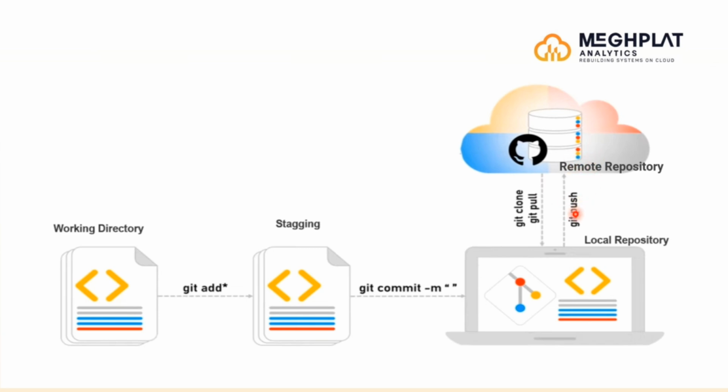So in this remote repository, we have three operations. You can see here git clone, git pull, git push. As you've seen already, I wanted to explain it again. What is git clone? Imagine in GitHub there are already some repositories available. Somebody has created them or some files are available in the remote repository.